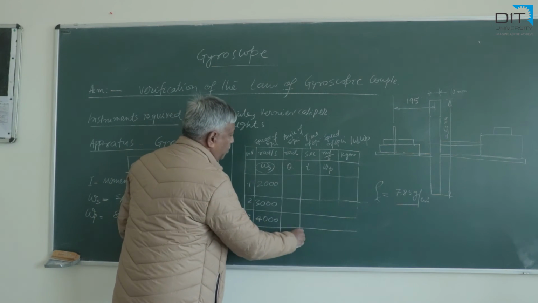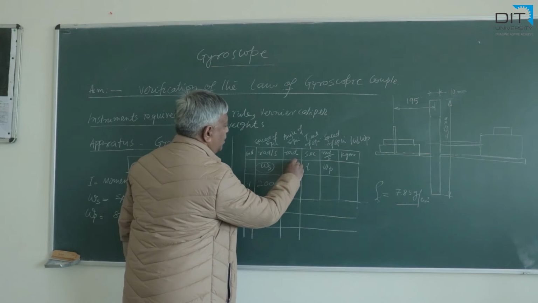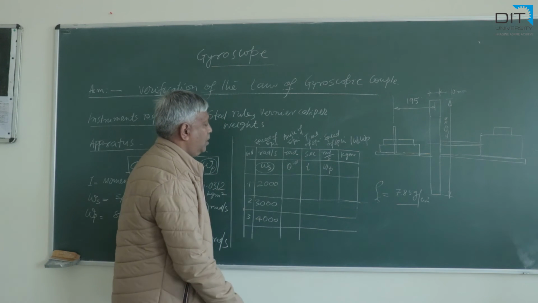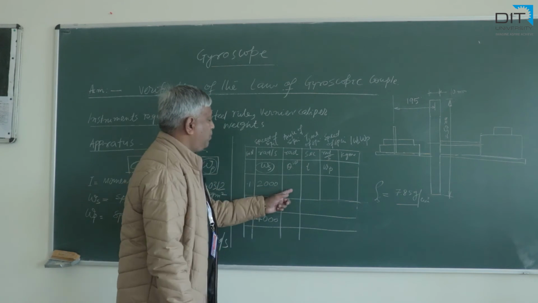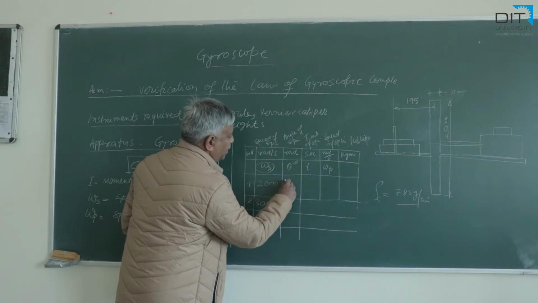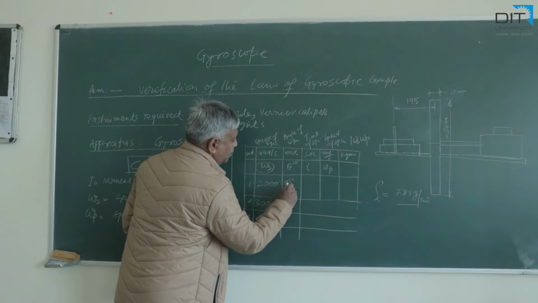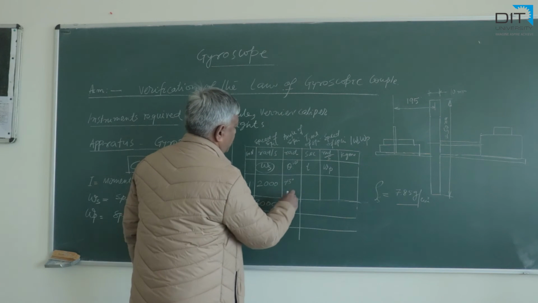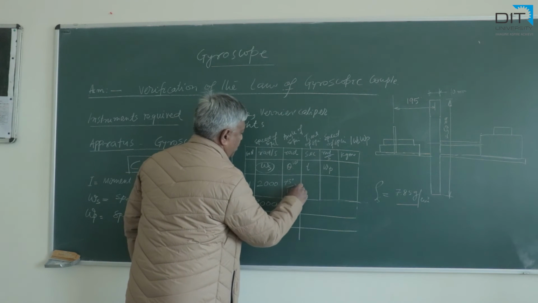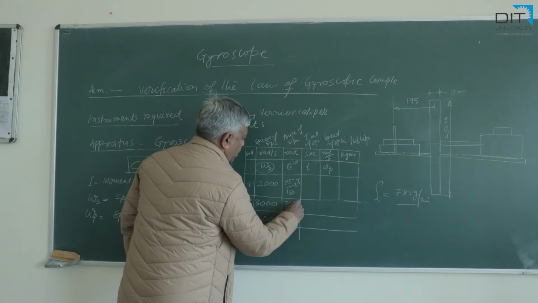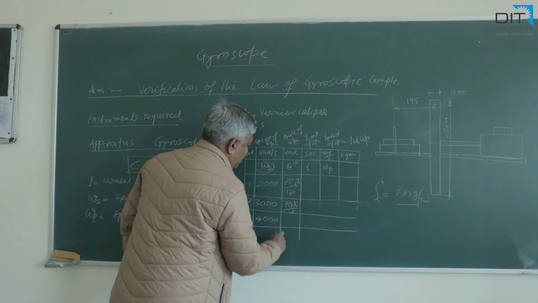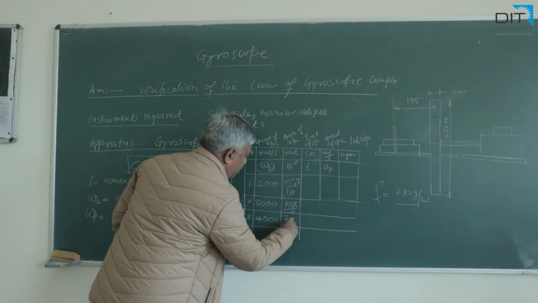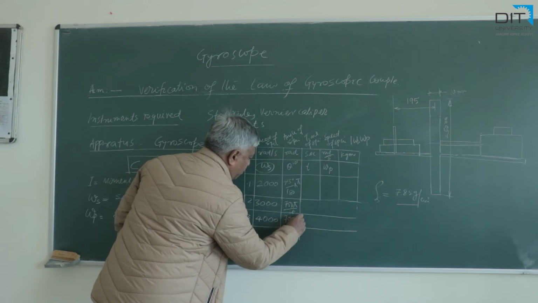Then we will note down the theta of precession. Say every time we will be putting say 75 degree. So convert it into radian, 75 into pi by 180 degree.